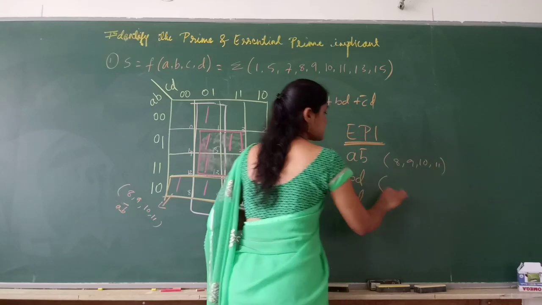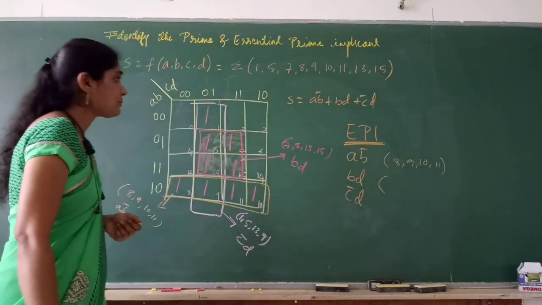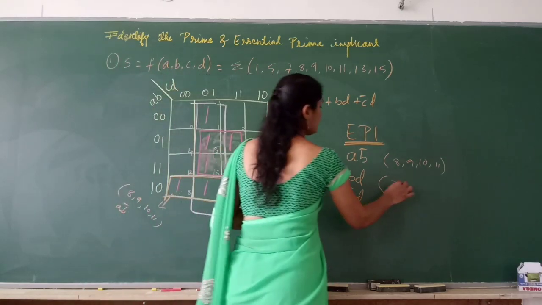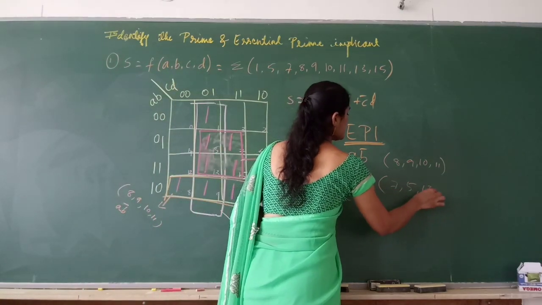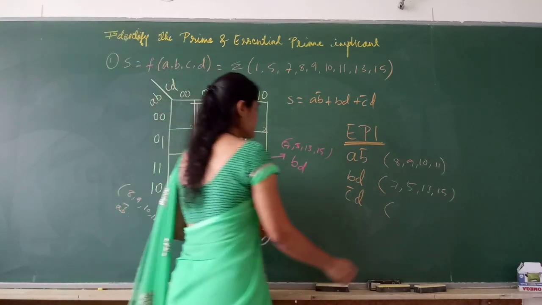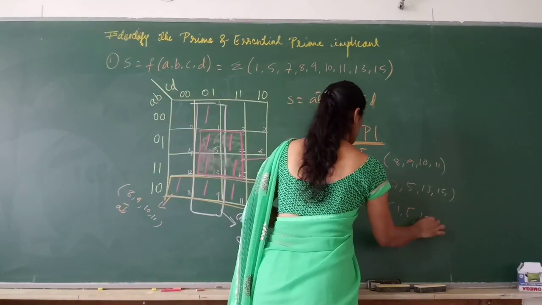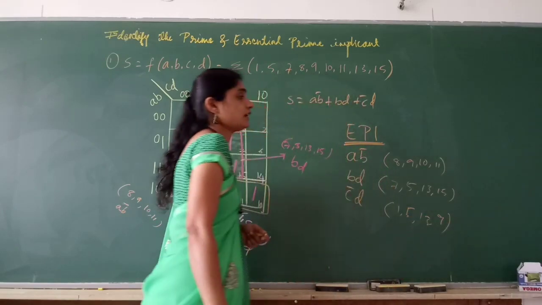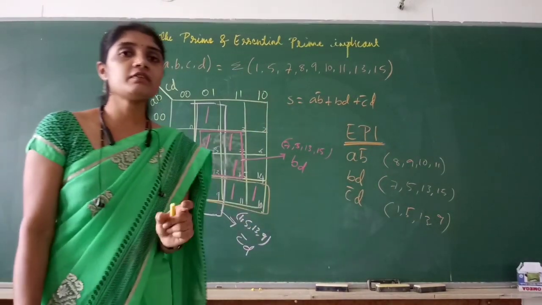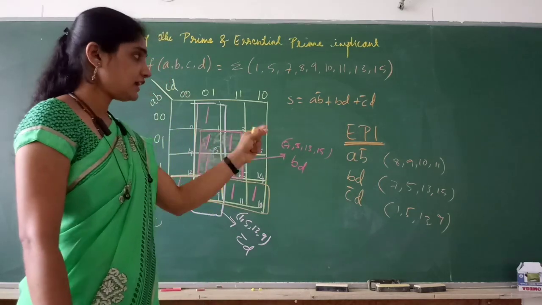BD is when we group 7, 5, 13, 15. And C bar D is when we group 1, 5, 13 and 9. Correct?